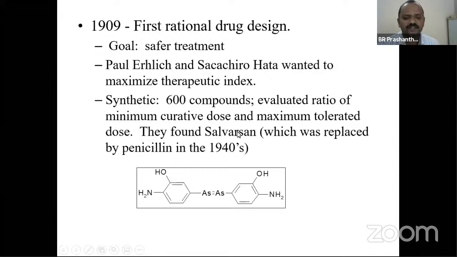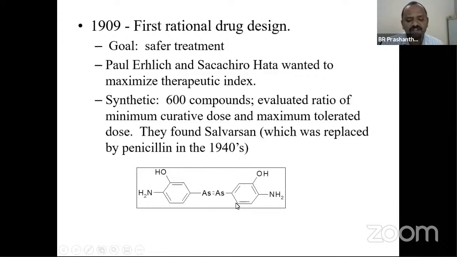They found this drug by synthesizing 600 molecules, analyzing them, confirming the structures, and then screening to find the maximum tolerated dose and curative dose, and thereby the therapeutic index.